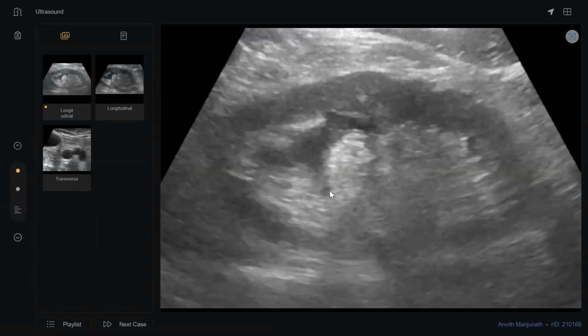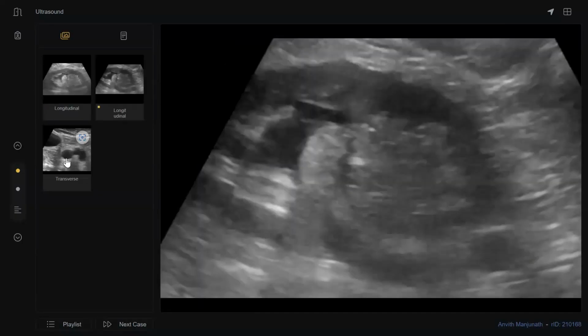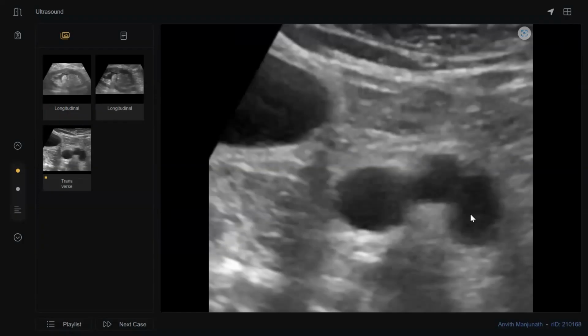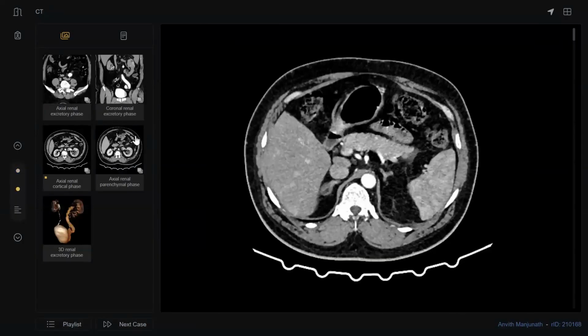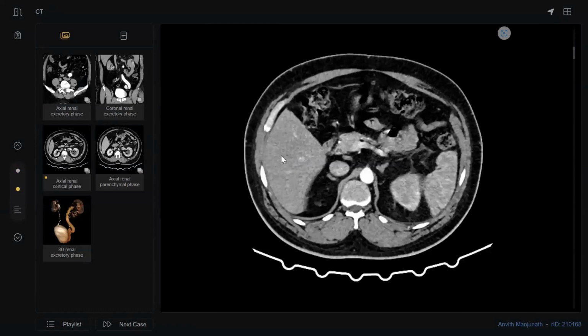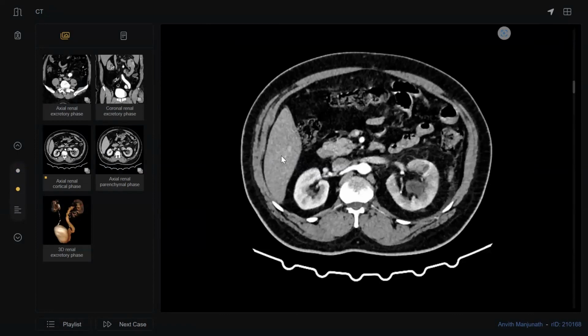This is not air. This is not a stone. Why? Look behind it, no shadow, either dirty or clear shadow, overall no shadow. Here also like this, and you did very well when you picked up the dilatation here. Then you did very well really when you picked up this dilatation and hypodensity.